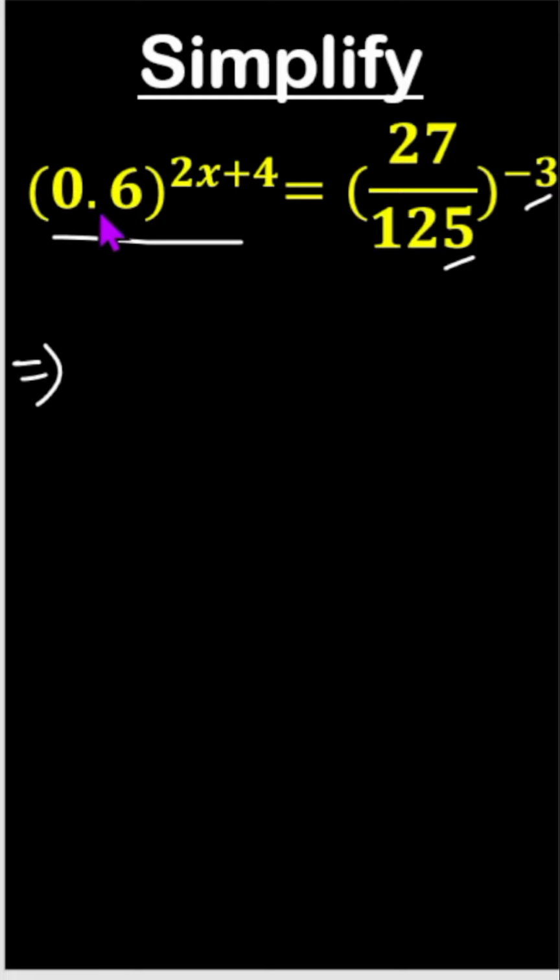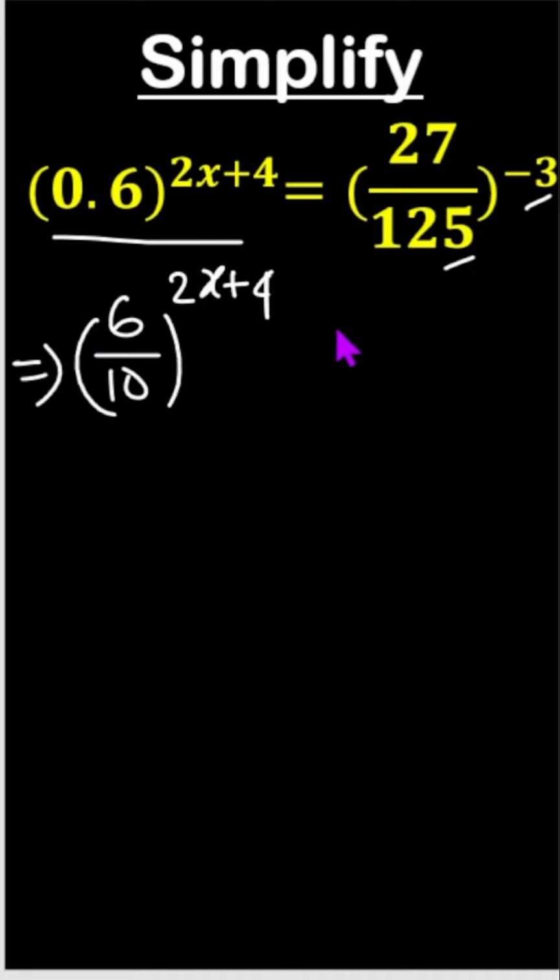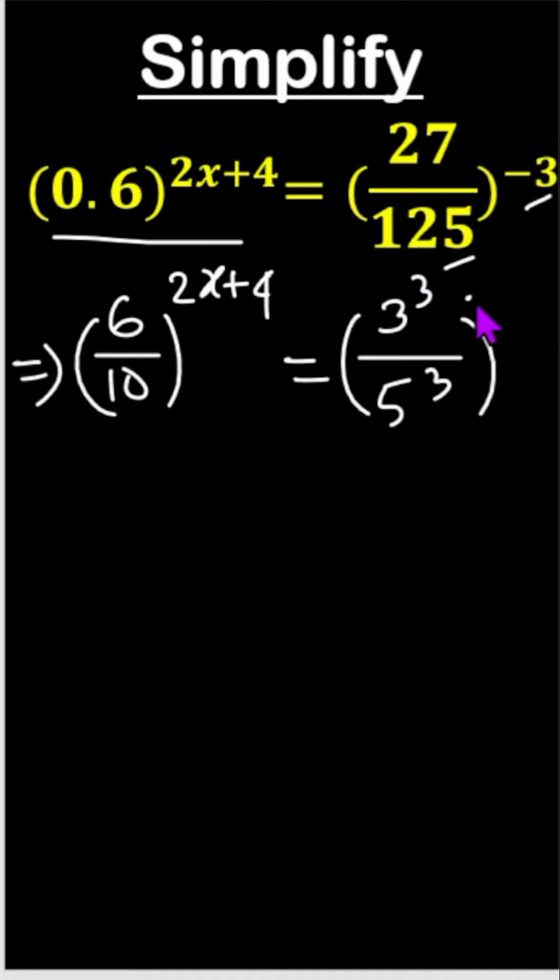First, 0.6 we can write as 6 by 10, and here is the power 2x plus 4 equals. This 27 we can write as 3 cube, and 125 we can write as 5 cube, and whole power minus 3.